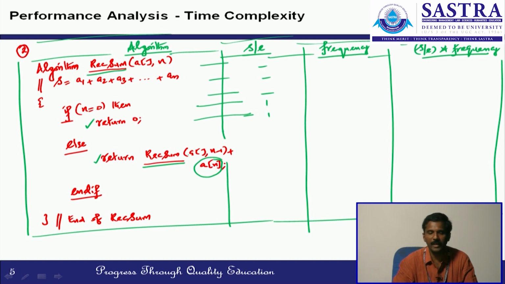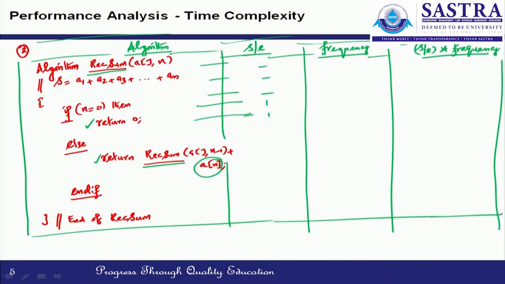If we write the computational time for recursive sum of A array comma n as t recursive sum of n, here we need to find the computational time to find the recursive sum of the first n minus 1 elements, since the nth element is separated and added in the return expression.